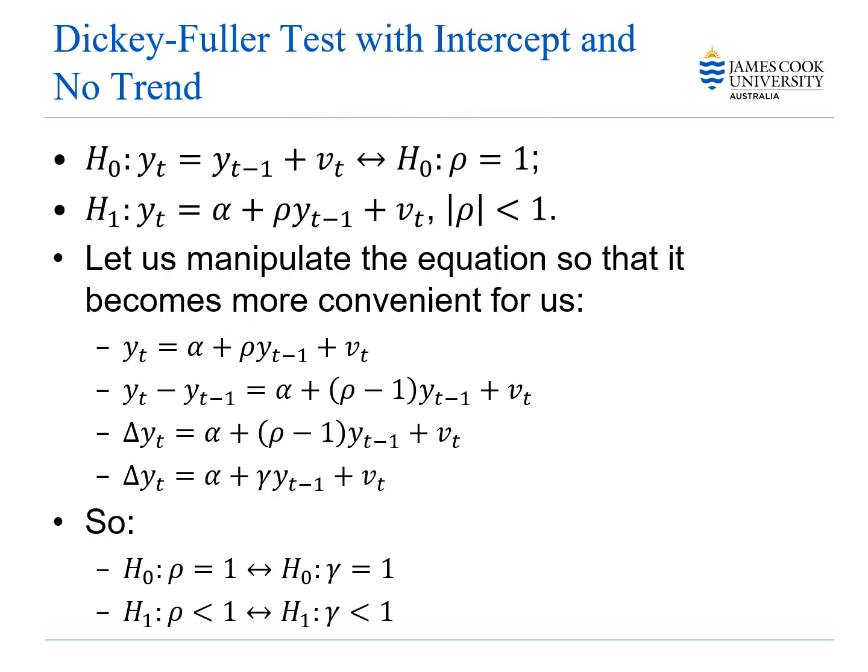So, the Dickey-Fuller test with intercept and no trend. This is our null hypothesis, it's a random walk. This is our alternative. There's an intercept here, there's no time trend. Under the alternative, rho is less than 1.